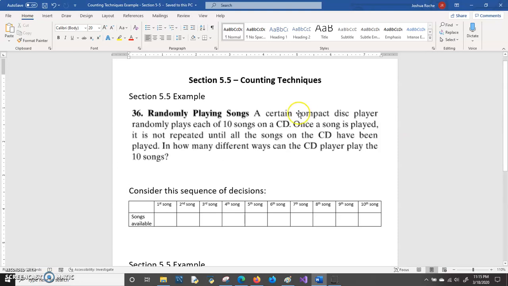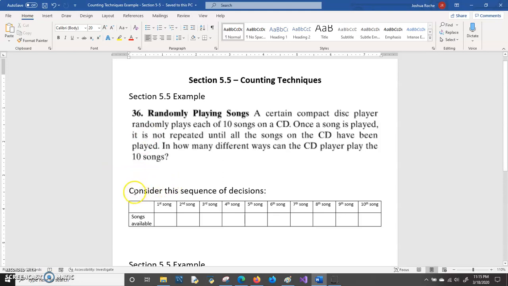One key thing to point out is that the CD player is not going to repeat the songs. It'll pick one song, and then the next song it picks, it is going to pick a new one. It's not going to pick a song that it has already played before.